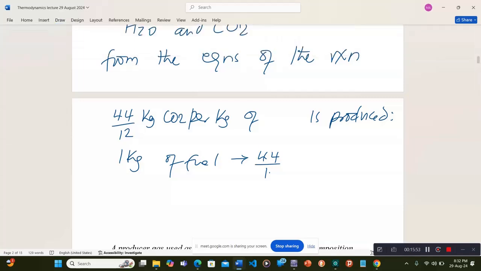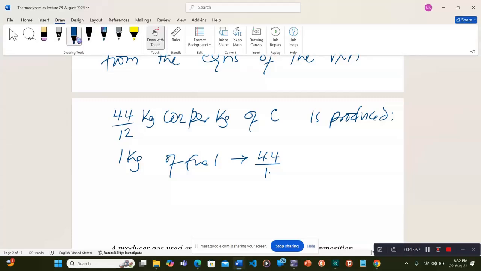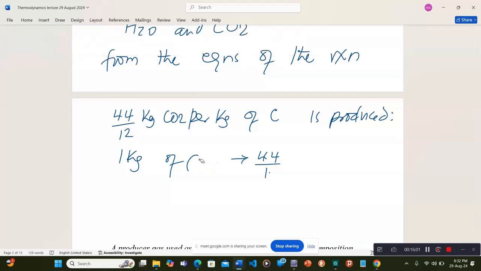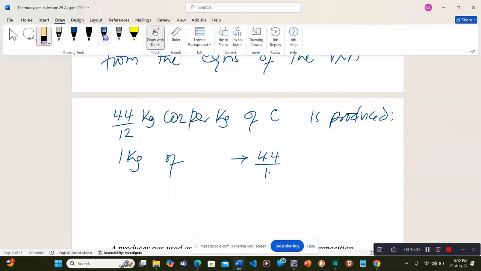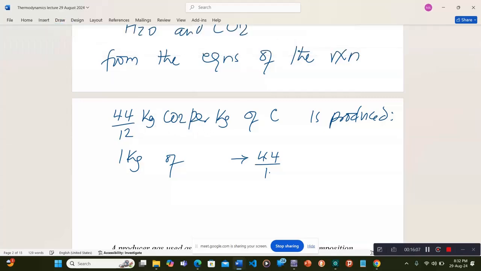So 1 kilogram of carbon is the one that is giving you 44 out of 12 kilograms of carbon dioxide. So 1 kilogram of carbon is giving us 44 kilograms of carbon dioxide.